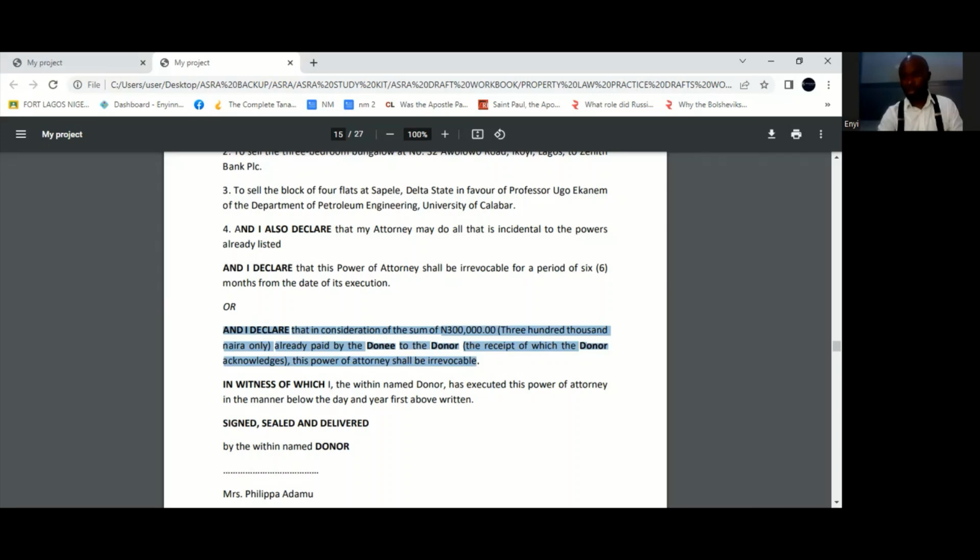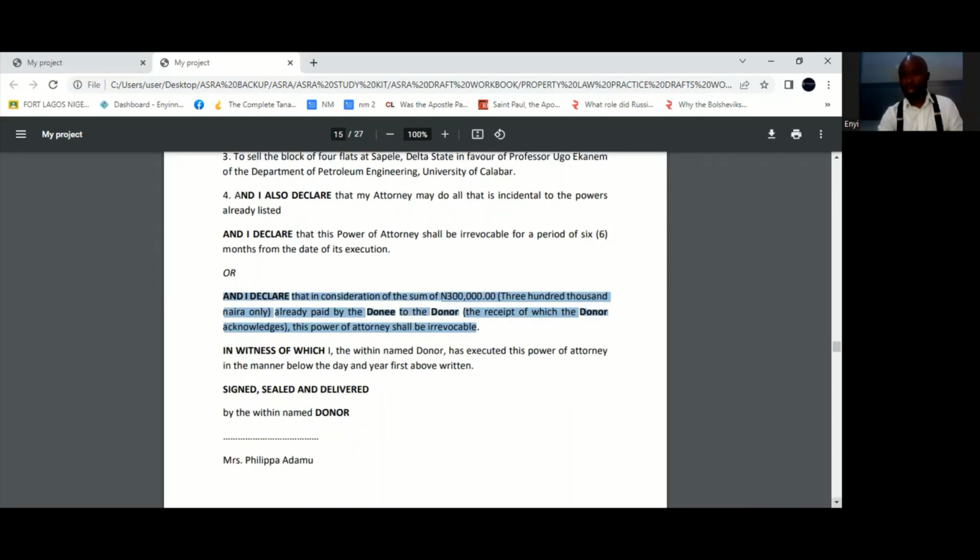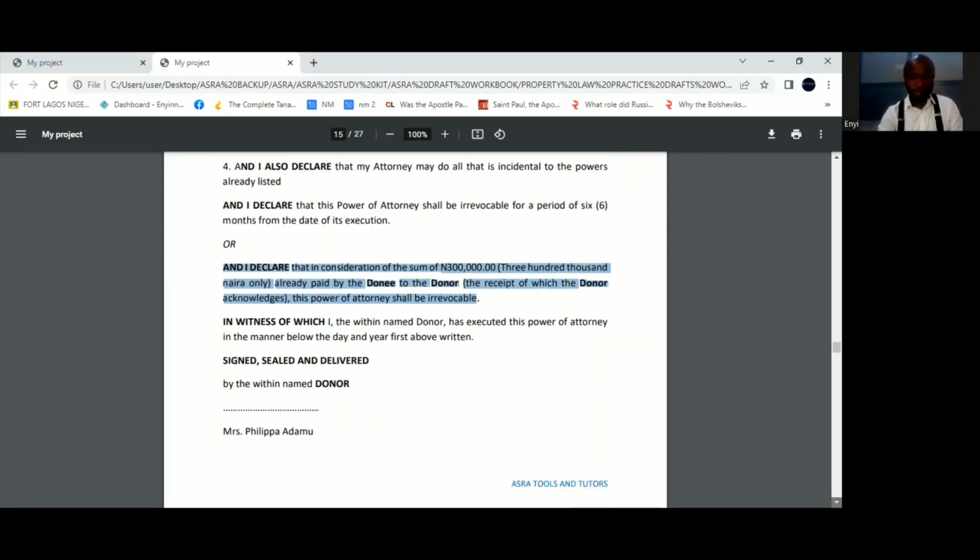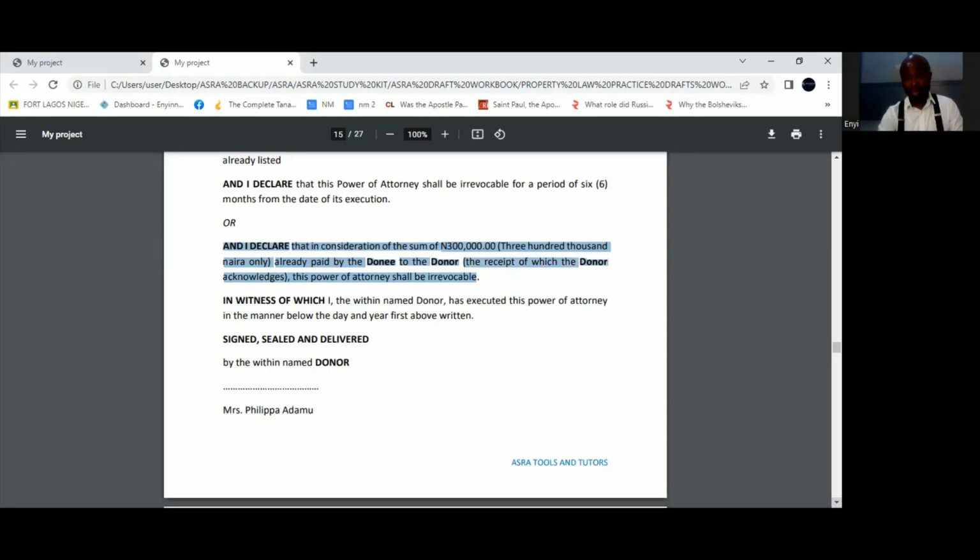Of course, when valuable consideration is provided, the power of attorney cannot be revoked until that consideration has been returned to the donee. All right, so that's the irrevocability clause.